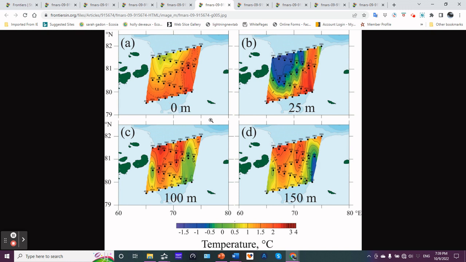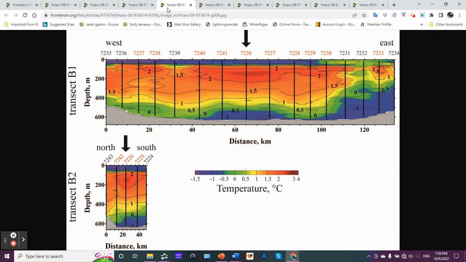Warmer, cooler, right? So we see what they are discussing by looking at the figures that they provide. There's the transect. There's the temperature again, a little warmer, a little cooler. We've got some entrainment going on. So basically, over here on the eastern side, east-west, we see that some of this warmer water is mixing with some of this cooler water in this region here to get a temperature somewhat in between.